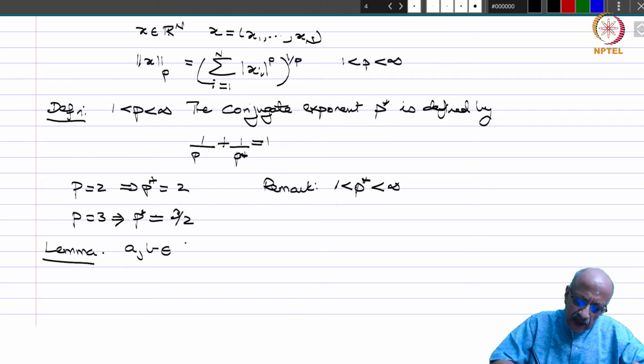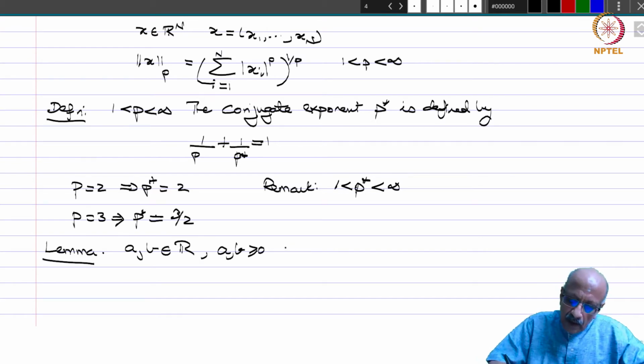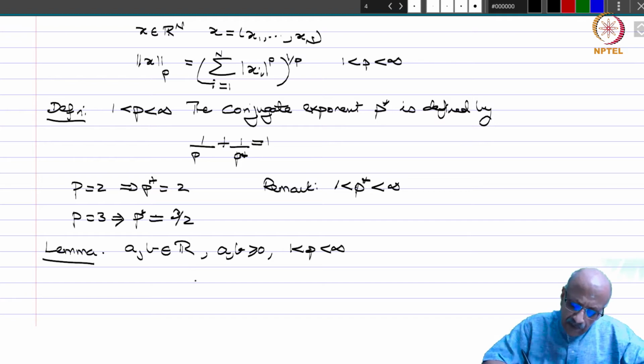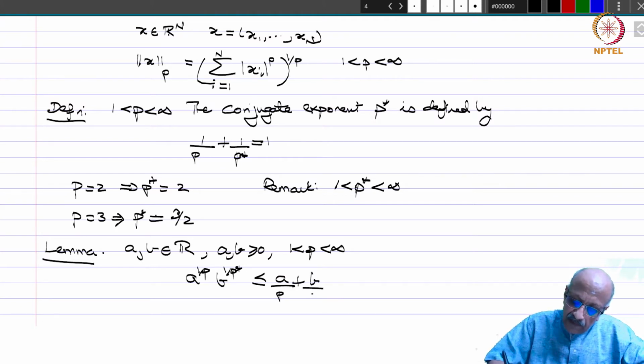Let a, b in R, a, b greater than or equal to 0, 1 < p < ∞. Then a^(1/p) b^(1/p*) is less than or equal to a/p + b/p*.